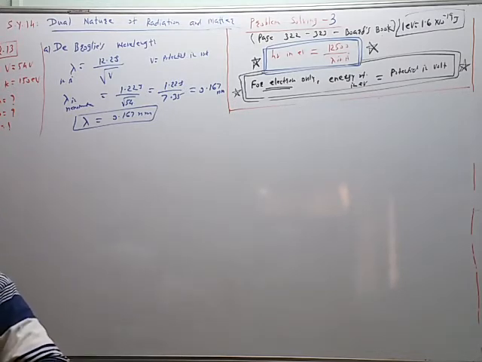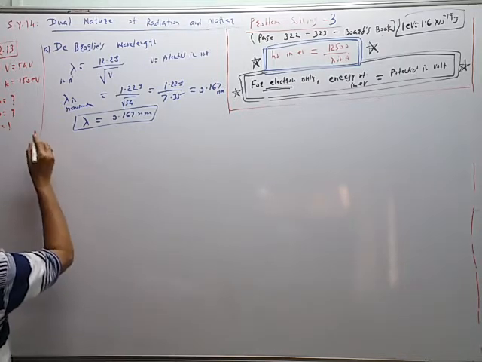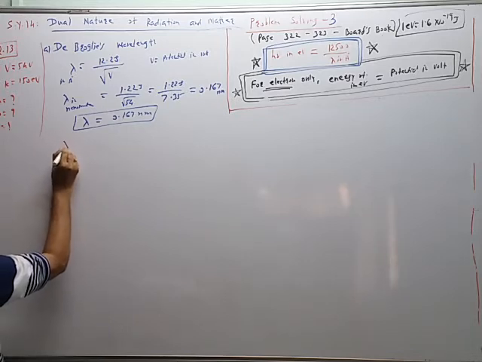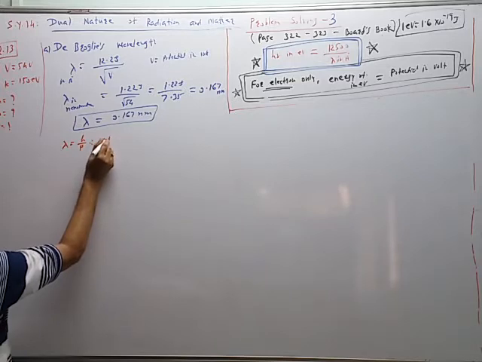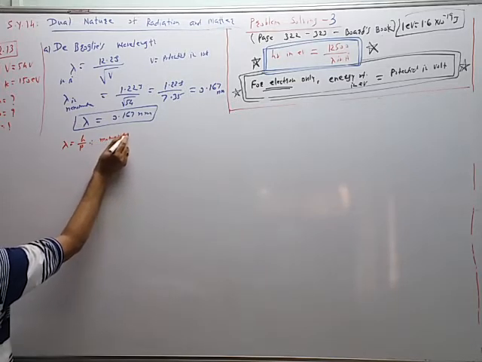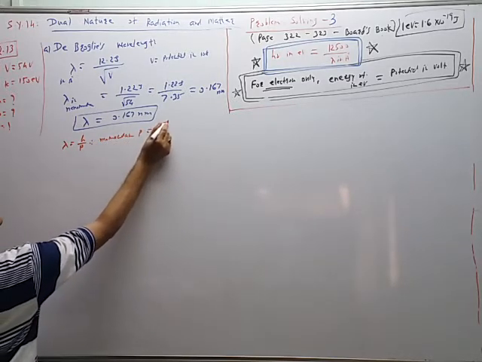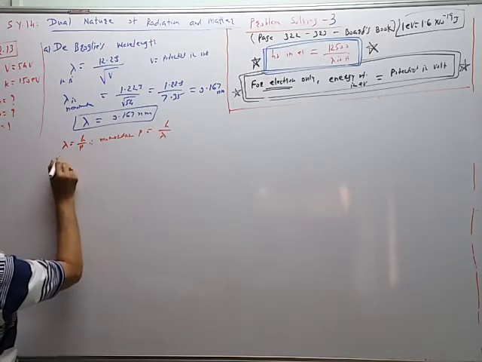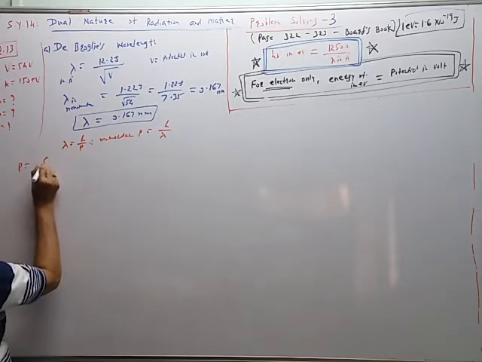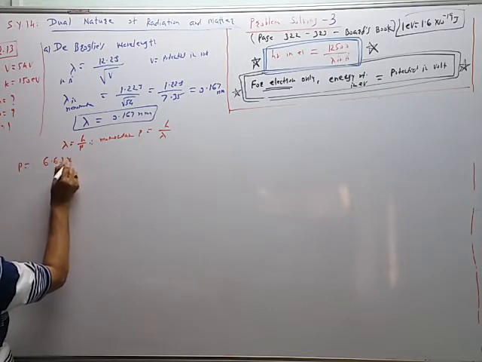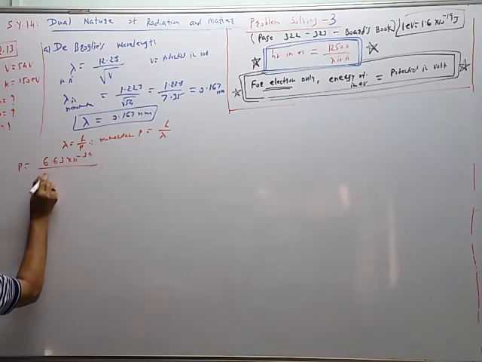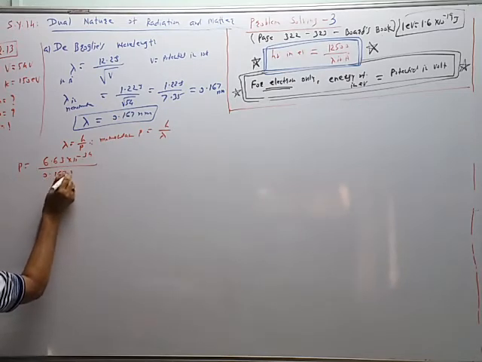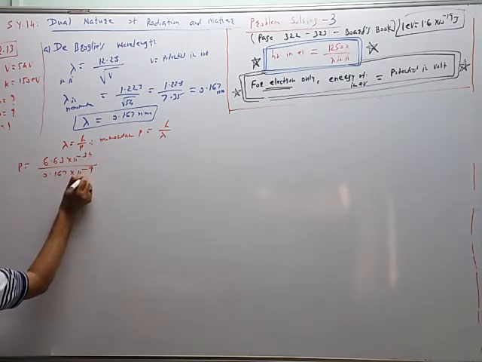Now once we know wavelength, we can find the momentum. Lambda is equal to h by p, therefore momentum p is equal to h by lambda. So p is equal to 6.63 into 10 raised to minus 34, and this wavelength is in nanometers, so 0.167 into 10 raised to minus 9.